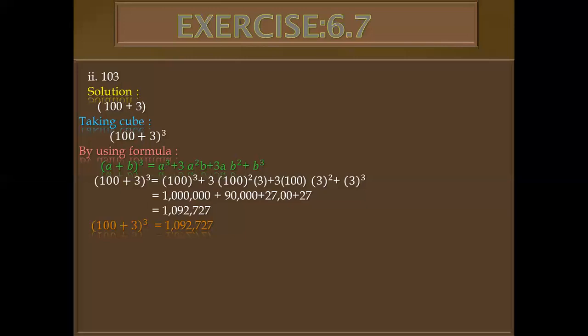Then in the next term, the square is on 3. We multiply 3 with 100, 300, and then we multiply it with 9, because the square is on 3, 2700. And the last term is only 27, because there is no zero, only 3 is there.